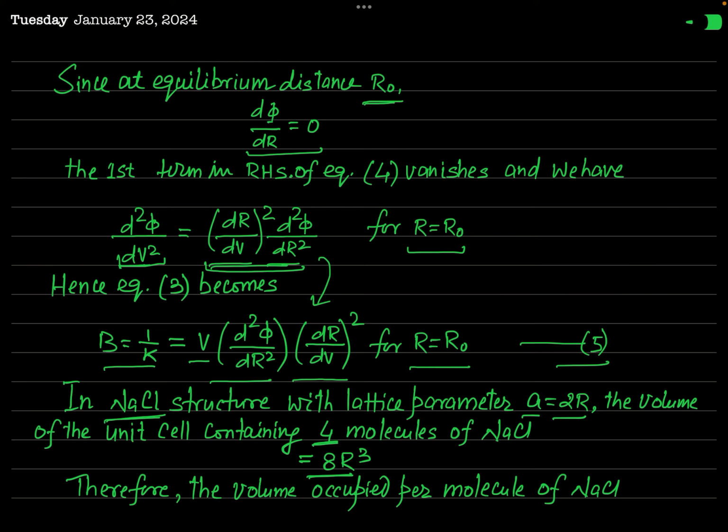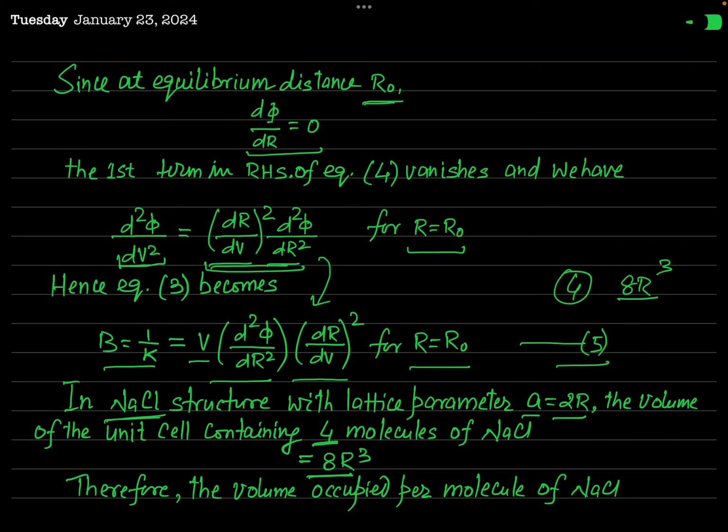So mark it. There are 4 molecules in the unit cell of an NaCl crystal, then the volume of the unit cell is 8R cube. Okay, so can you say what will be the volume of one molecule of the NaCl crystal?